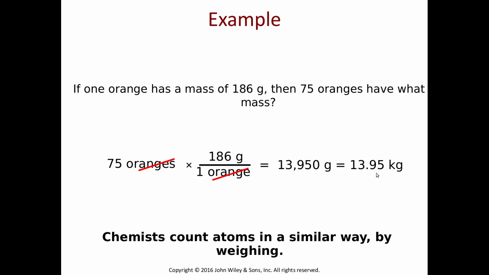So if you went to the supermarket and wanted to buy 75 oranges for some reason, instead of counting all of them, you could just weigh out 13.95 kilograms and you'd end up with 75. Chemists use this logic to count atoms. They look at the weight, and from that they're able to back out how many atoms are in the reaction.